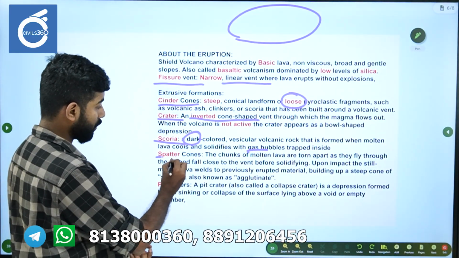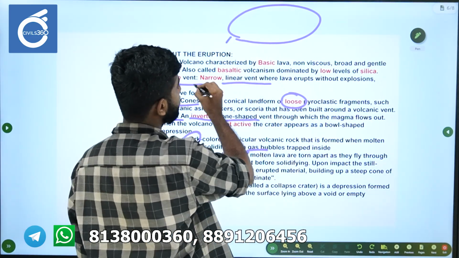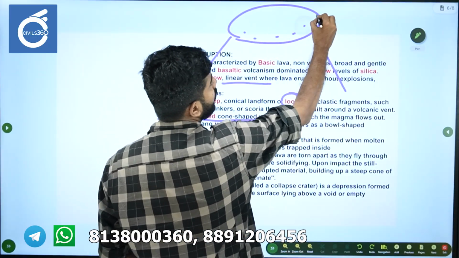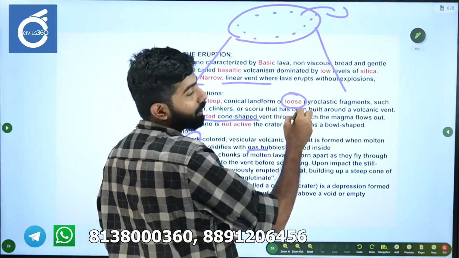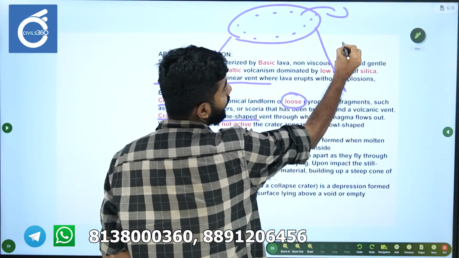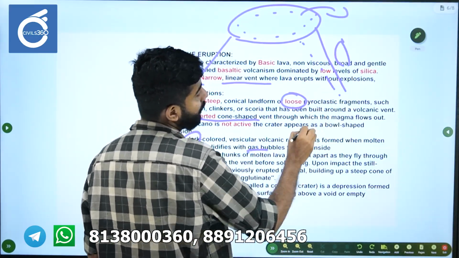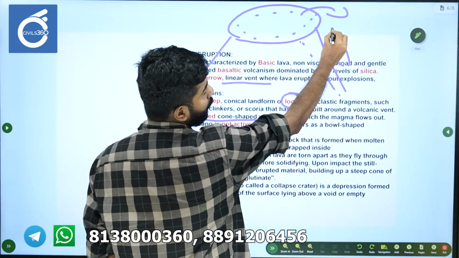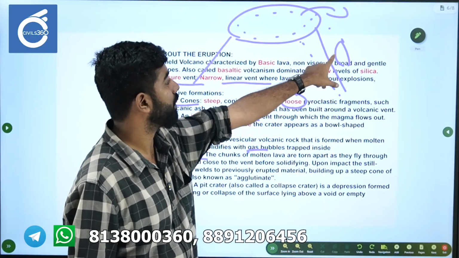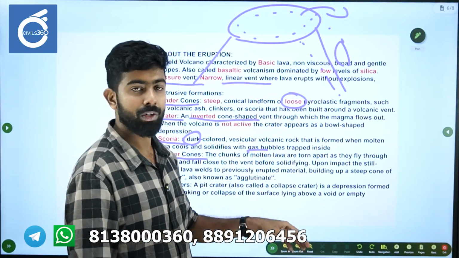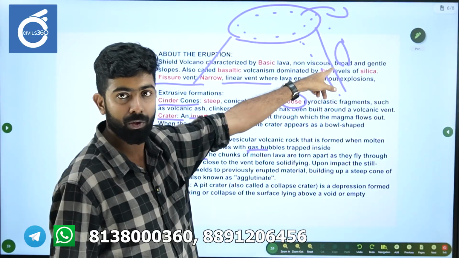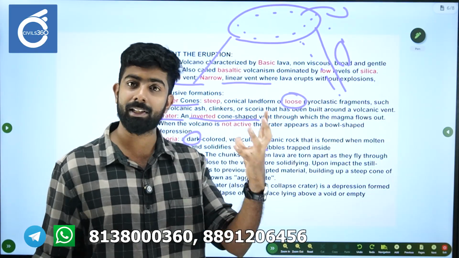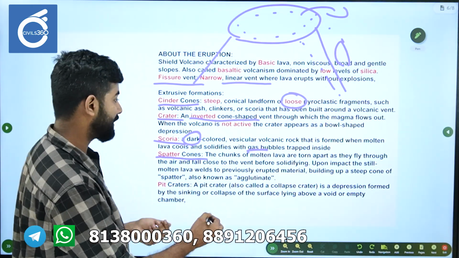Then you have spatter cones. So this is the volcano, and magma is there, and it emits outside, and here you have linear vents on these sides. A chunk of molten lava got emitted and deposited along the slope of the volcano. But since it is still hot, it changes its shape.